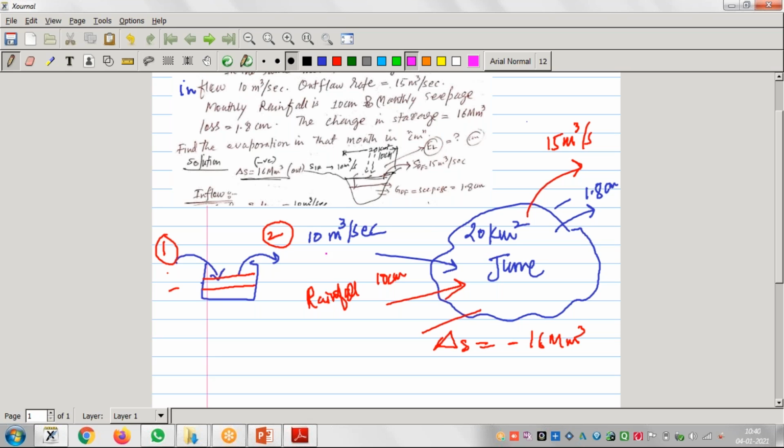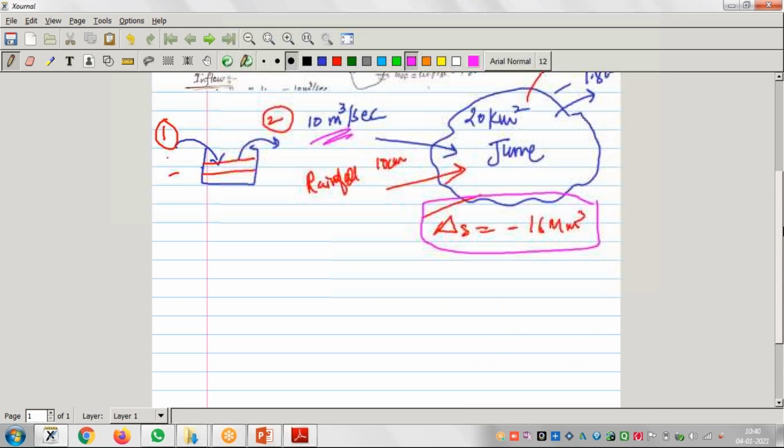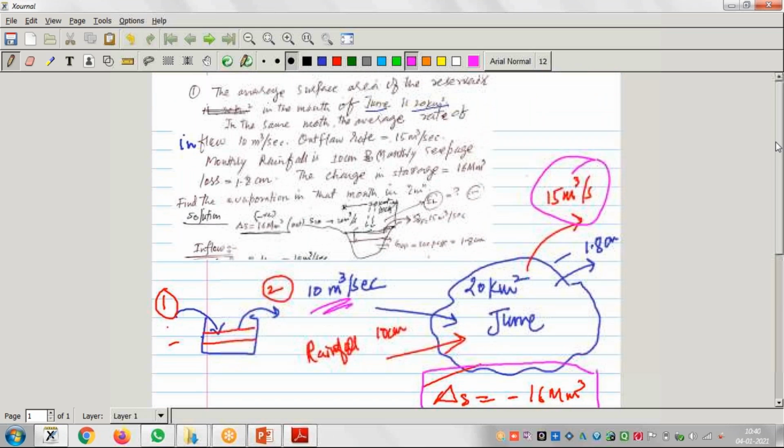So here simply we can see this incoming is less and outgoing is more, right? That's why I have taken this delta S as negative, right? Now, find the evaporation loss in that month in centimeter. So here we have to find how much amount of water evaporation loss will be there.